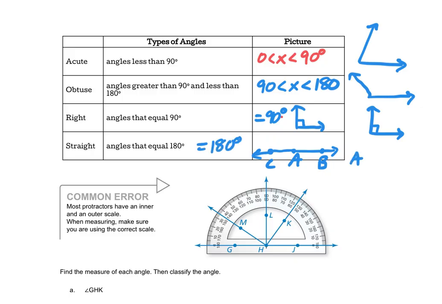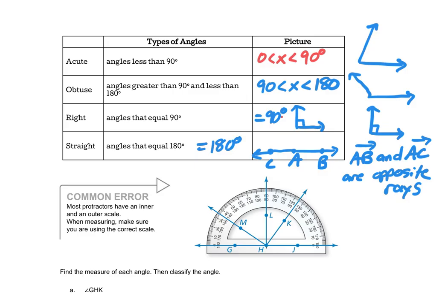And I'm going to say that ray AB and ray AC are opposite rays. Two rays that are going in opposite directions.